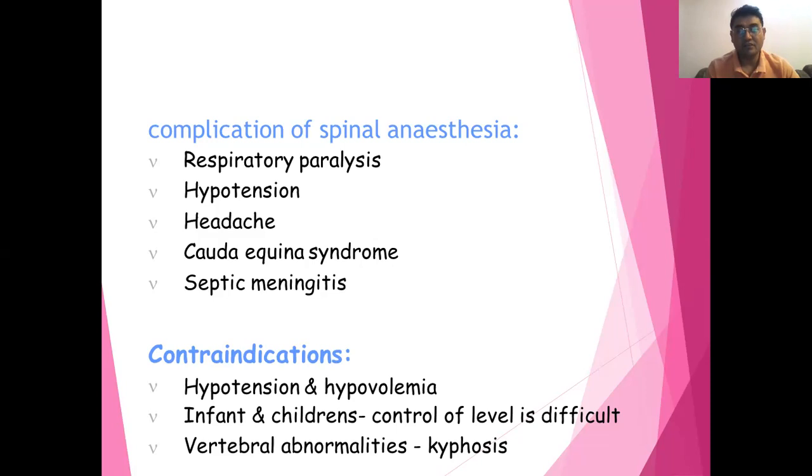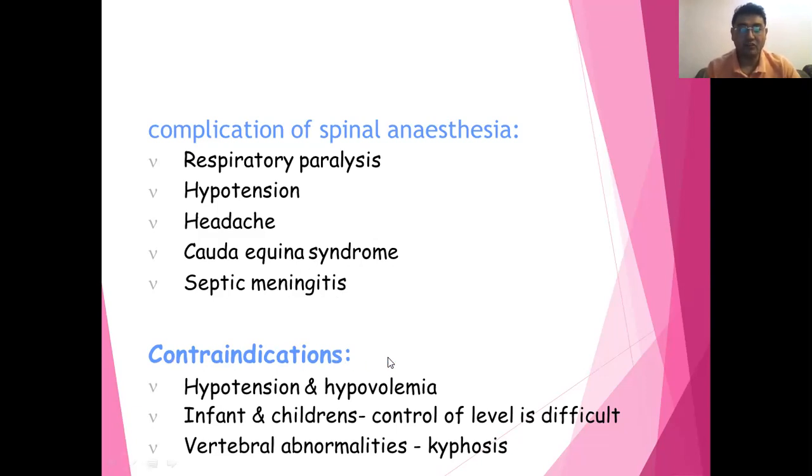Cauda equina syndrome is like sciatalgia or sciatic syndrome, and it is caused by some kind of pressure on the spinal cord, especially by hematomas, and septic meningitis if you do not obey the rules for aseptic and antiseptic conditions.